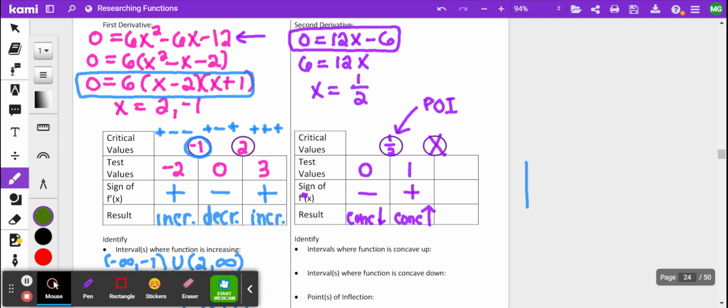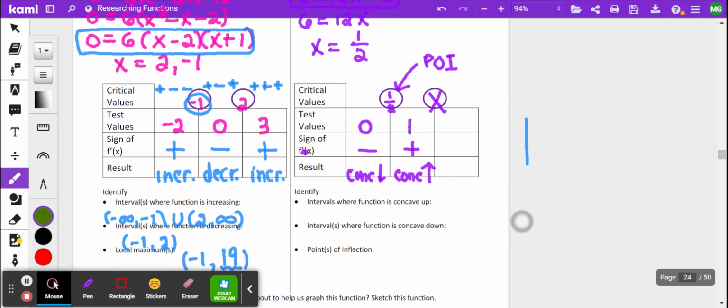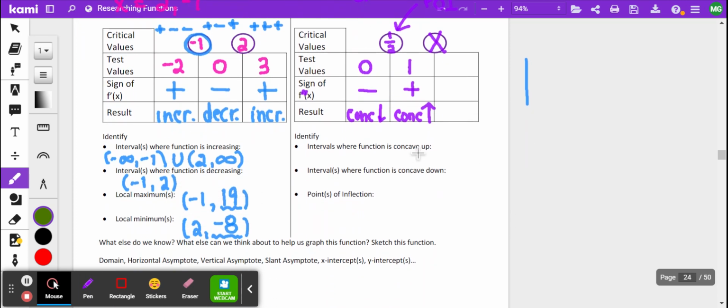So let's look at the interval where the function is concave up. It would be from 1/2 to infinity. So it's going to be like this. So from 1/2 to infinity, our function will be concave up. From -infinity to 1/2, our function will be concave down.